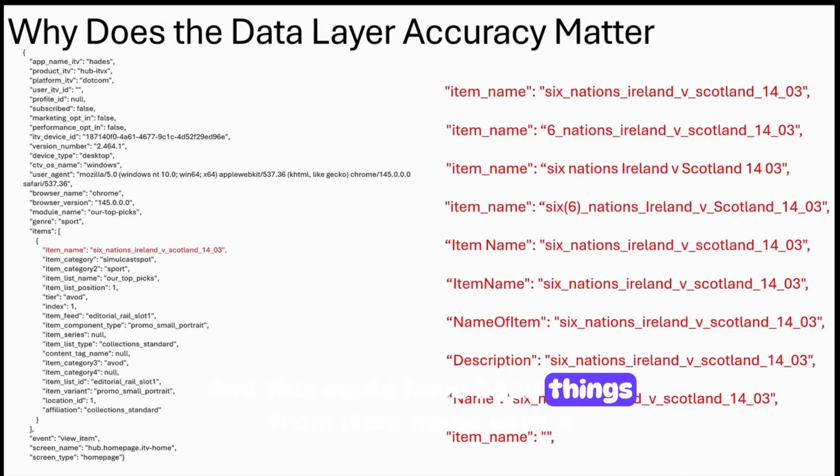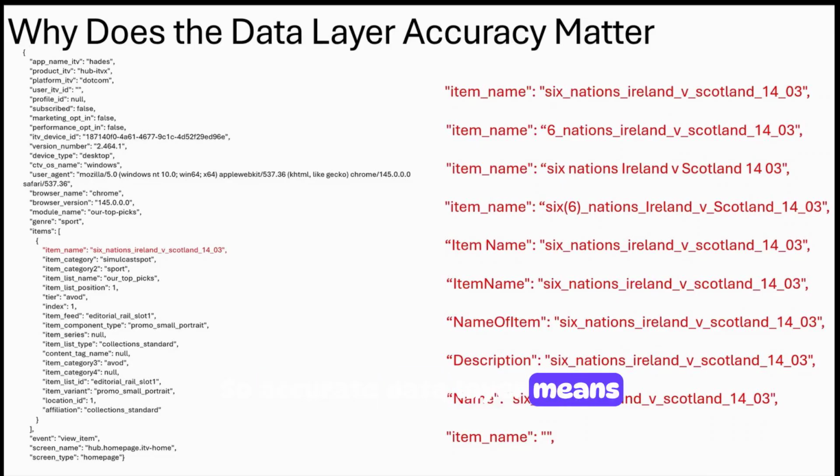And this could have been things from item name with an underscore, or item space name in capital letters, or item name joined together, or name of item, or description. There are so many different ways of pushing this on. And you need to be able to quickly identify whenever these things happen, and ideally before it gets into production.